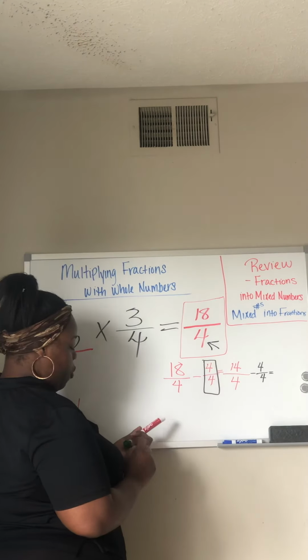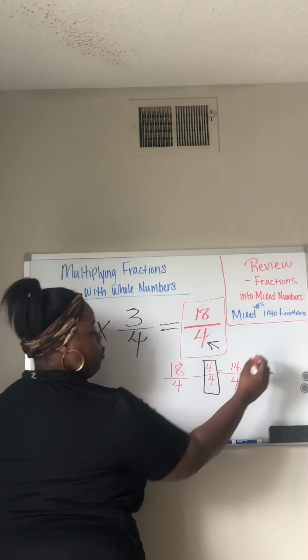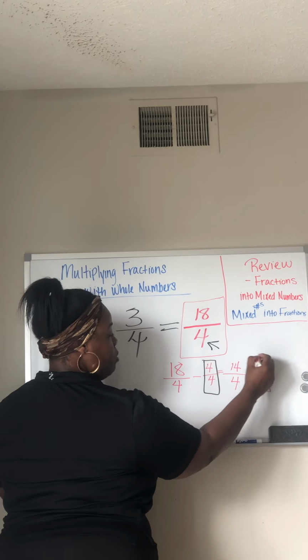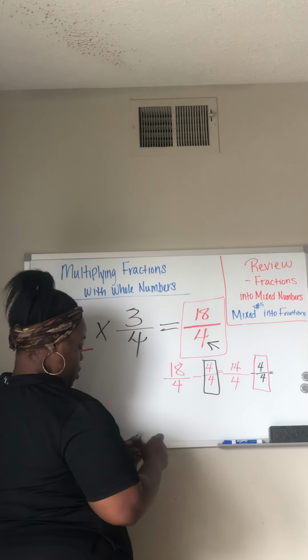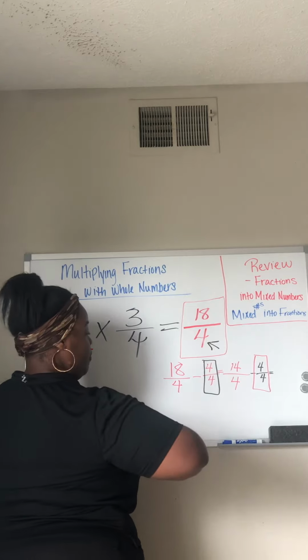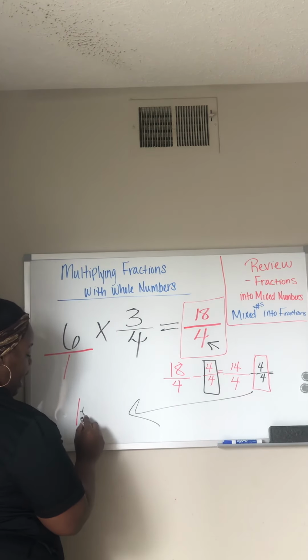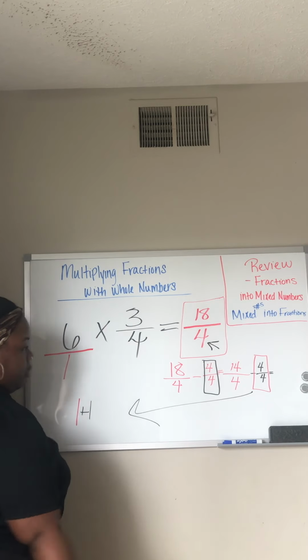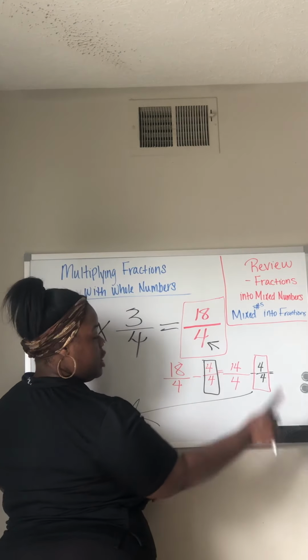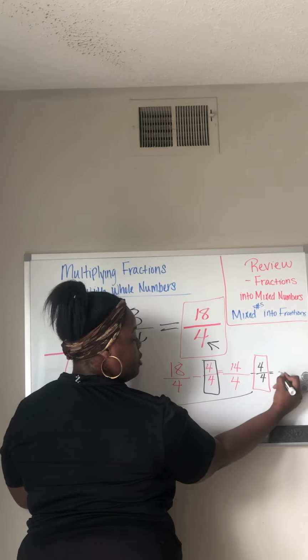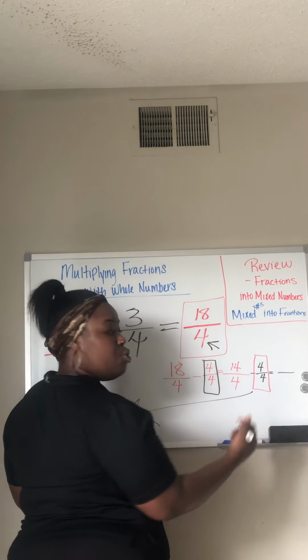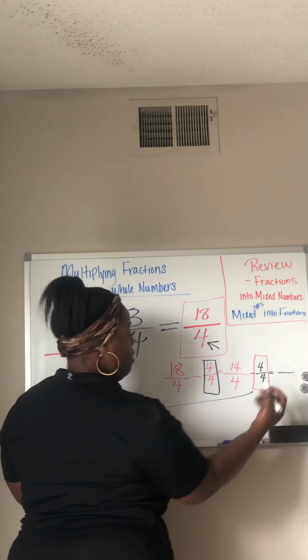Once we pull that 4 over 4 out, we're going to bring that whole number down with the other one, so we're just going to add it to the ones we already have down here. We go back up. When the denominators are the same, whether you're adding or subtracting, you're going to keep them the same.